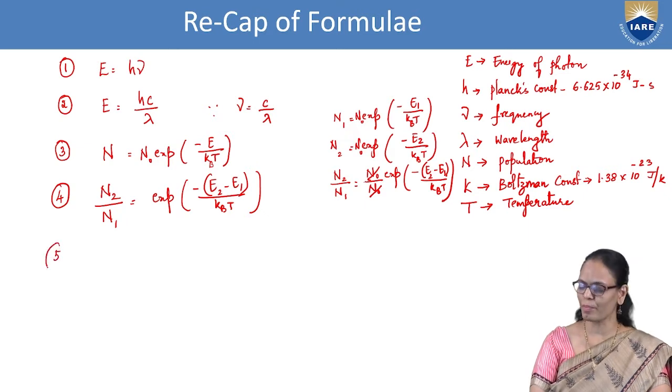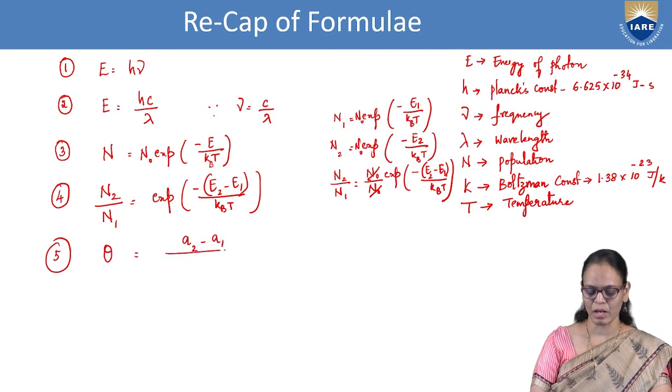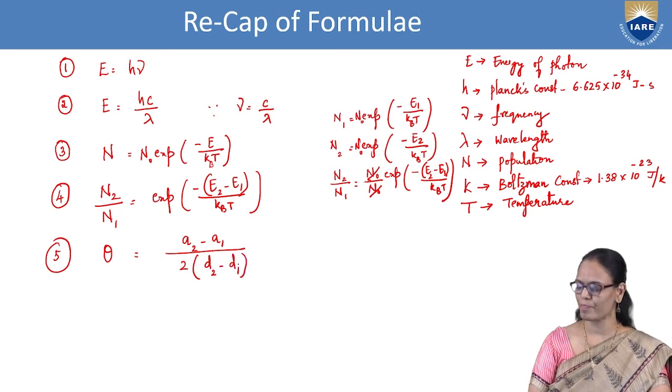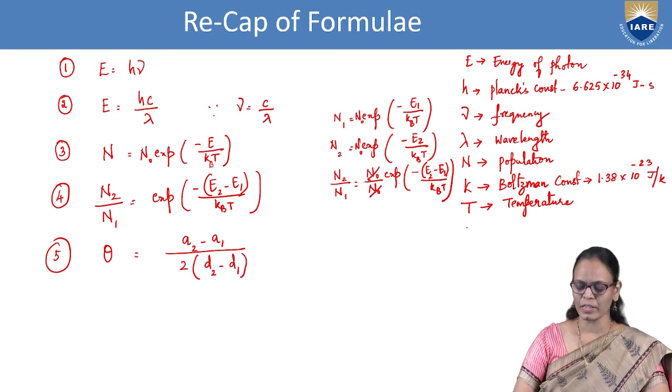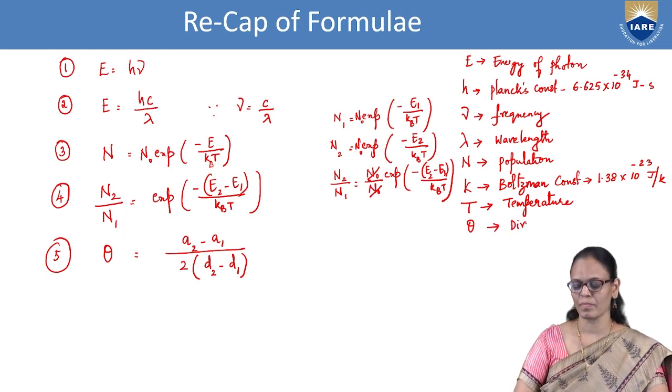Then the next formula for divergence: theta is equal to A2 minus A1 upon 2 into (D2 minus D1). Here theta represents the divergence of the laser beam.